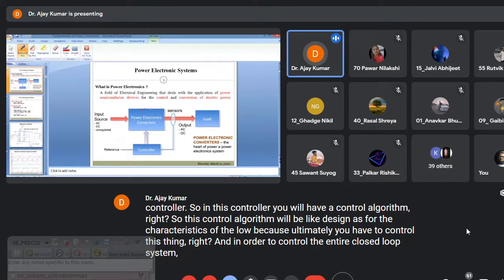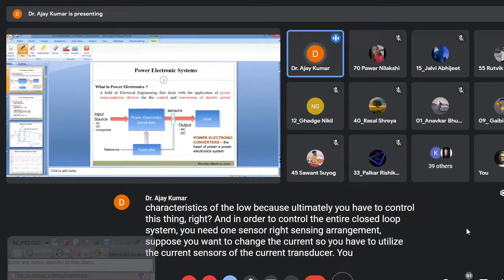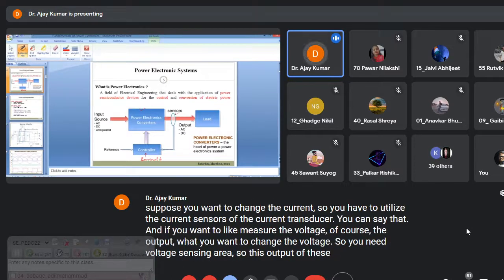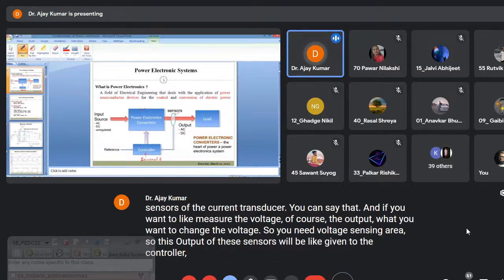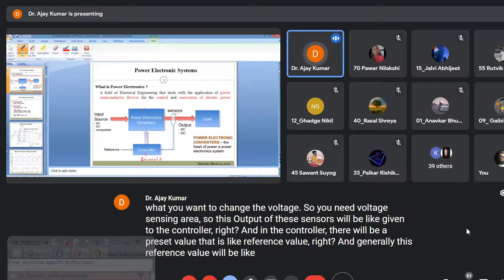Sensing arrangement. Suppose you want to sense the current, so you have to utilize the current sensors or the current transducer. And if you want to measure the voltage across the output, you need a voltage sensing arrangement. The output of these sensors will be given to the controller, right? And in the controller, there will be a preset value, that is the reference value. Generally this reference value will be compared with the estimated value.